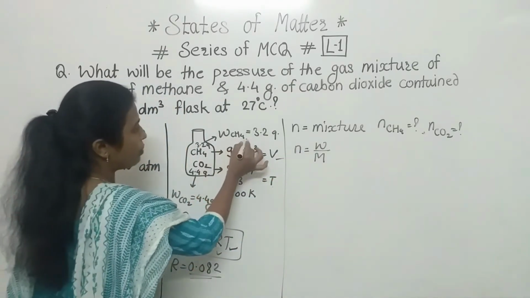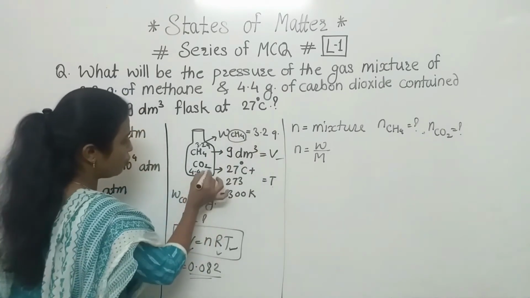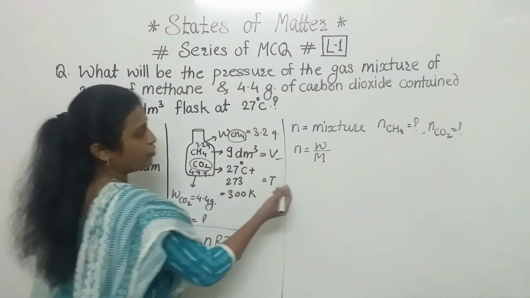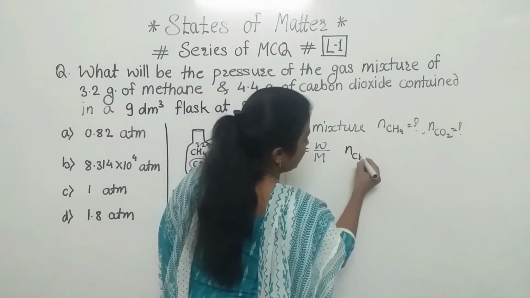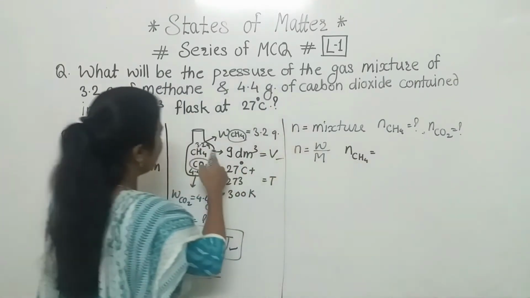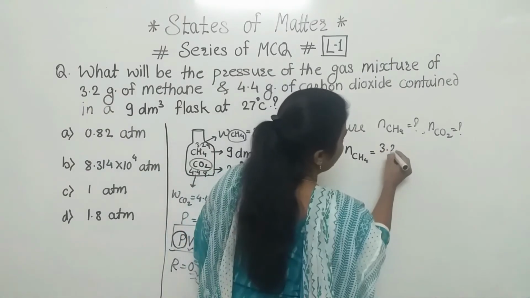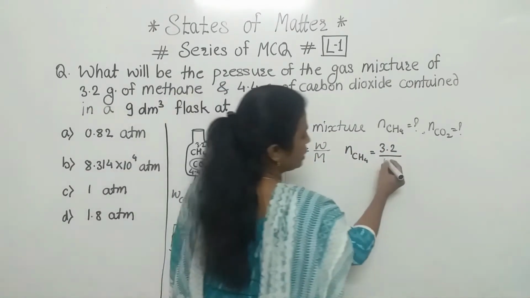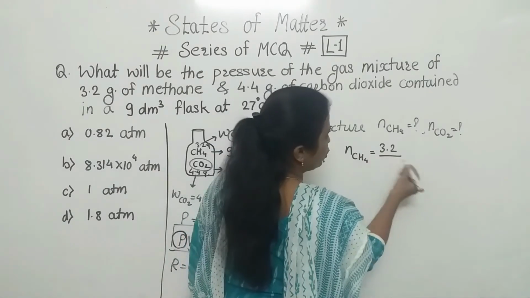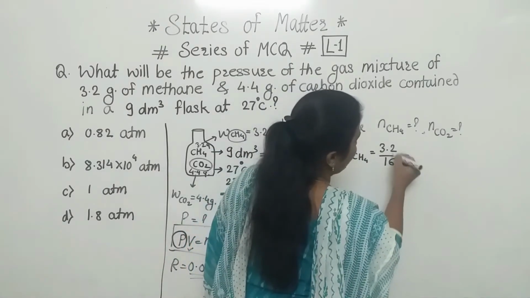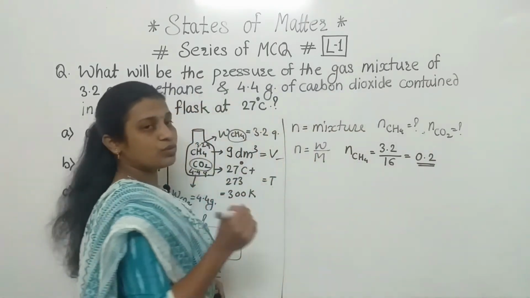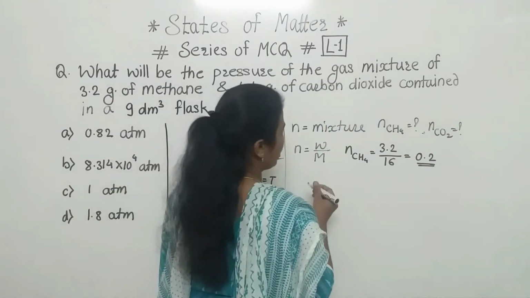So the molar mass of CH4 and of CO2 should be known to us. Firstly we'll consider n of CH4. W is 3.2 divided by the molar mass: carbon is 12, hydrogen 4, 12 plus 4, 16. So its answer will be 0.2 moles. In this way we have calculated the number of moles of CH4.